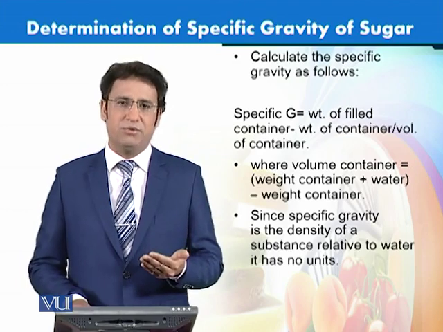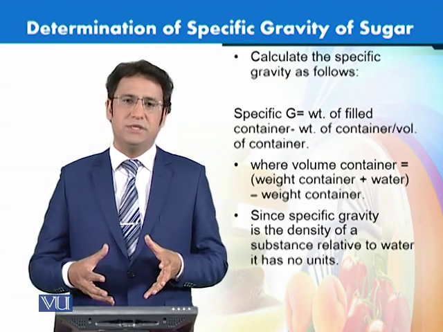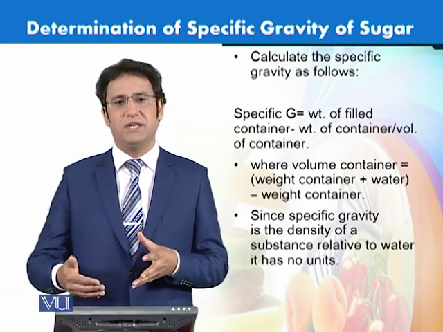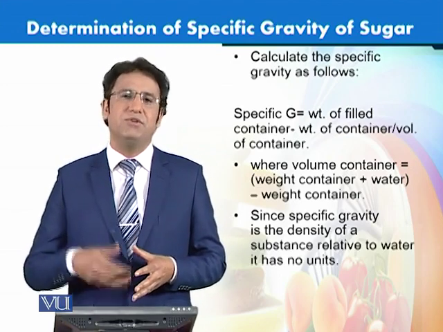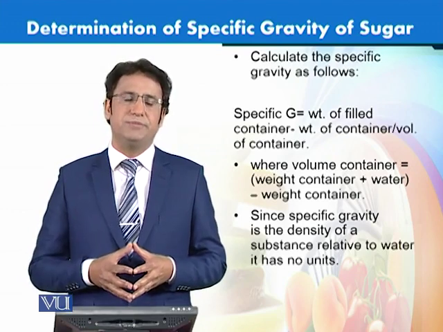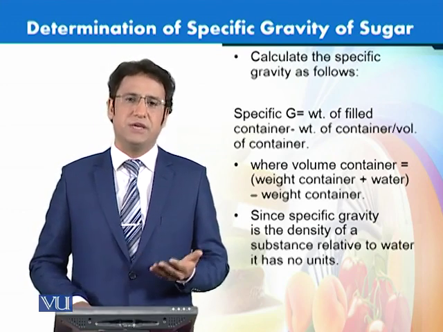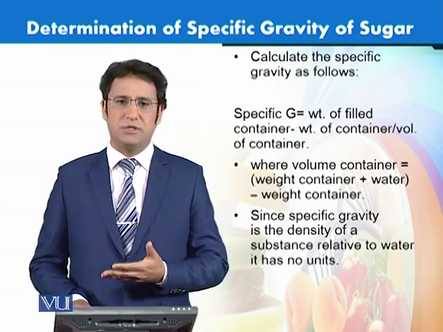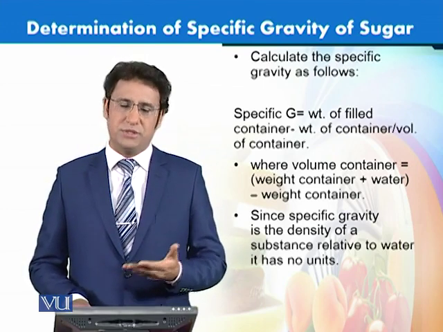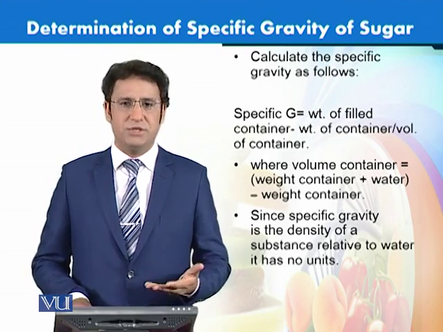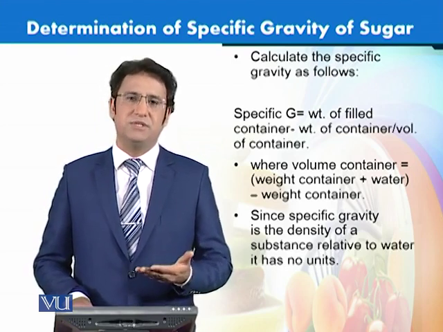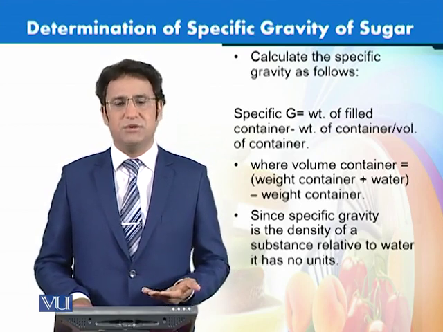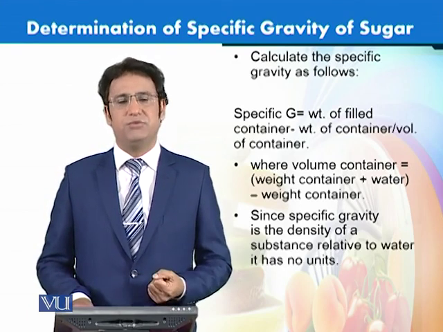So this is how we can calculate the specific gravity of different foods, and that specific gravity can then have different applications for food adulteration checking, or looking at the amount of sugars or solids present in any food. So this is how specific gravity is measured. We discussed different methods, and what specific gravity is and what its uses are for a food technologist.